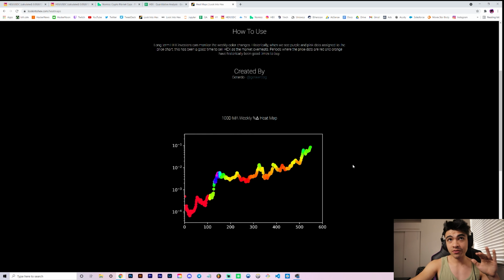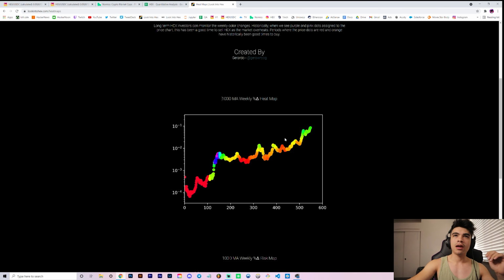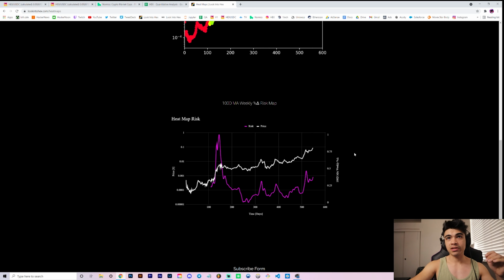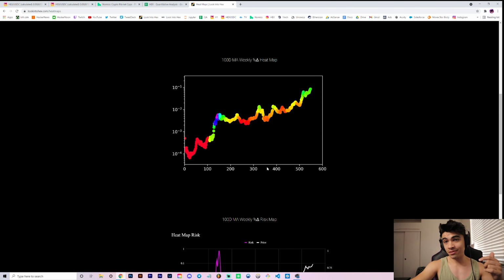I just left the 100-day moving average weekly percent change heat map. This triangle is just a Greek delta. It just means change, right? So percent change on any given week of this curve, the 100-day moving average, and then color coding according to that. And what we did is we actually include now the quantitative interactive version of this.